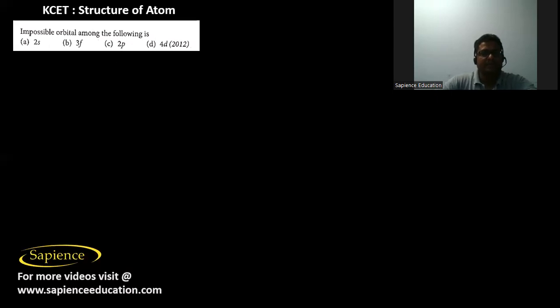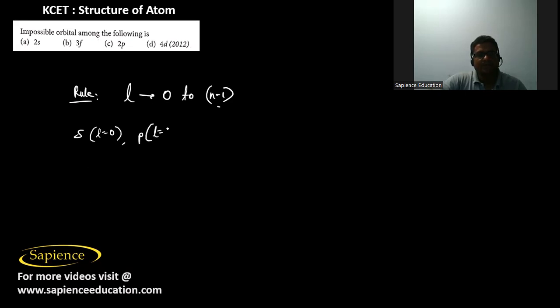Which is the impossible orbital among the following? Now here the rule is that the value of L, which is the azimuthal quantum number, will go from 0 to n minus 1. For s orbital the L value is 0, for p orbital the L value is 1, for d orbital the L value is 2, and for f orbital the L value is 3.